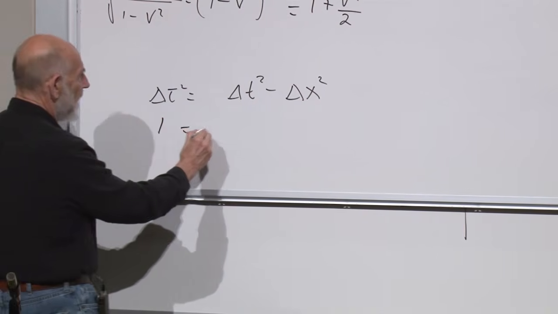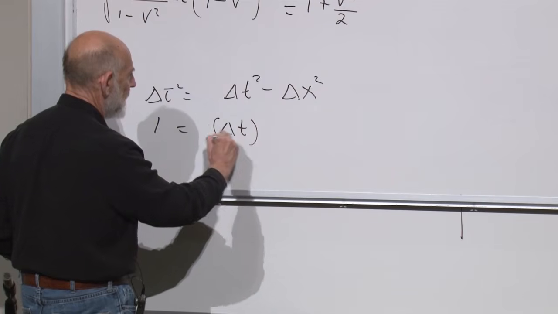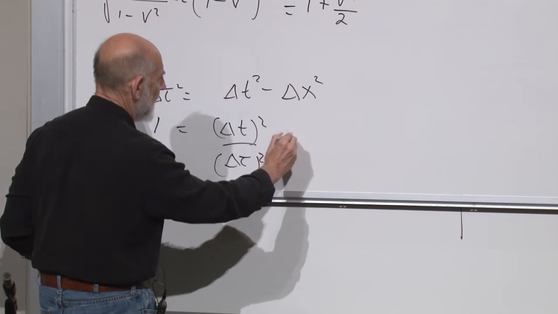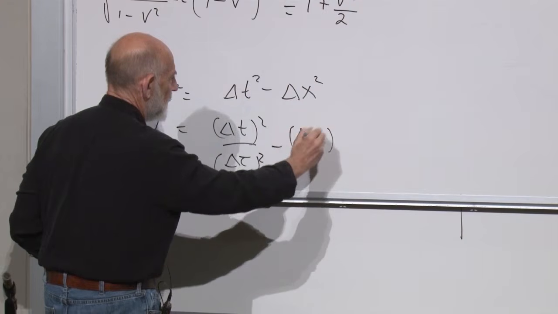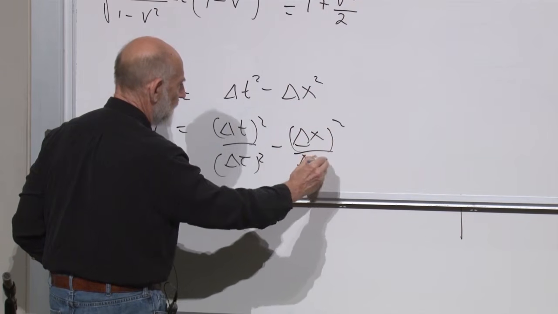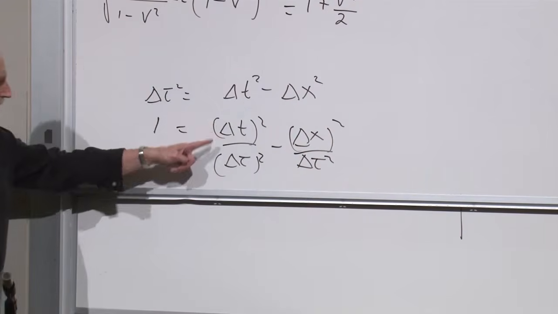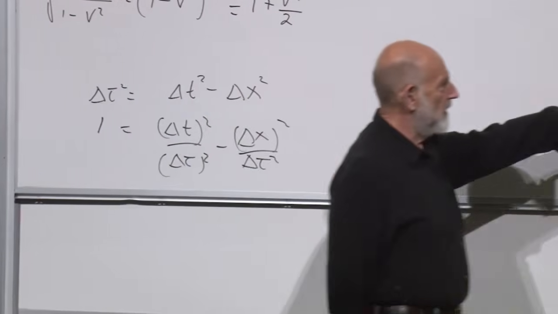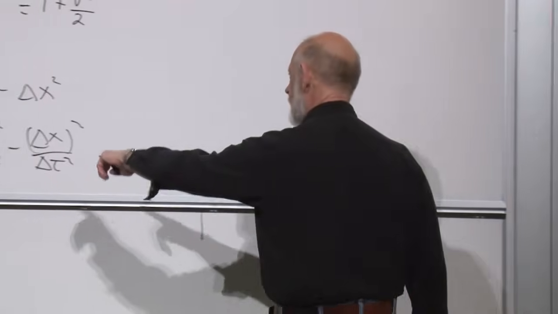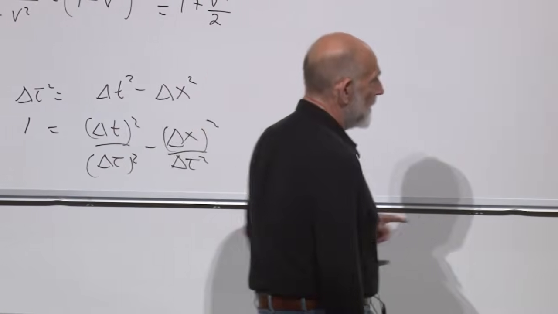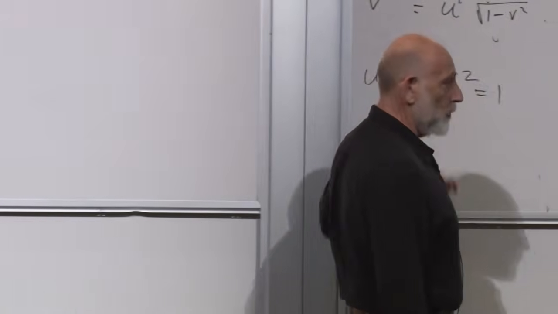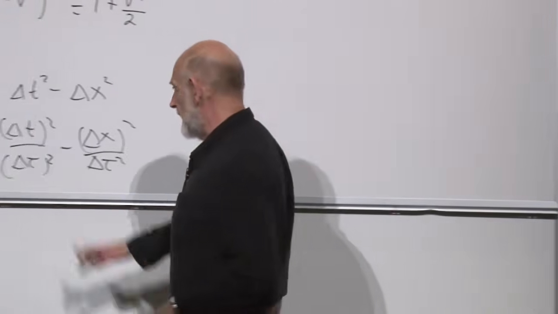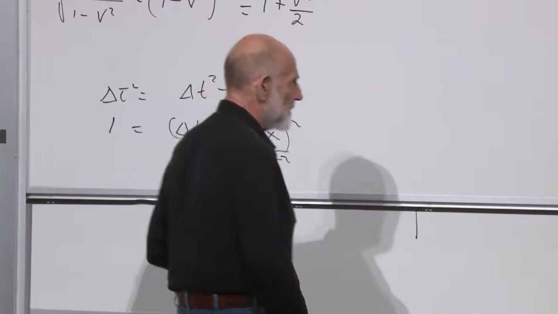We get 1 equals delta t squared over delta tau squared minus delta x squared over delta tau squared. Delta t by delta tau, that's u naught. So the first term is just u naught squared, and the other one is u vector squared. So that's all that went on here, a complicated way to say this.